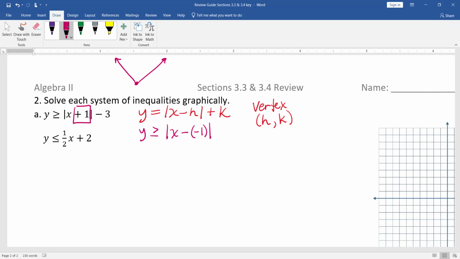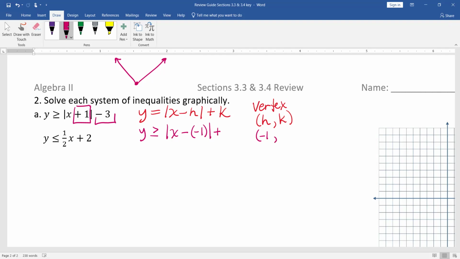Now h is the x coordinate of our vertex, so that means my h is negative 1. So I already know where I'm going to go left and right to find my vertex. Now, in the other case, the plus k has to be the same value as minus 3. So again, we go back to our definition of subtraction.